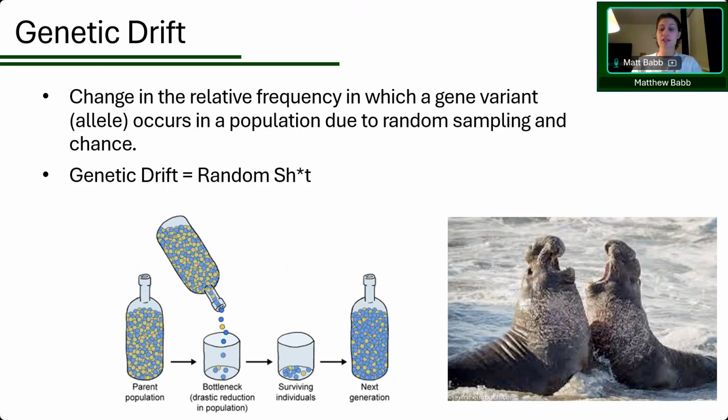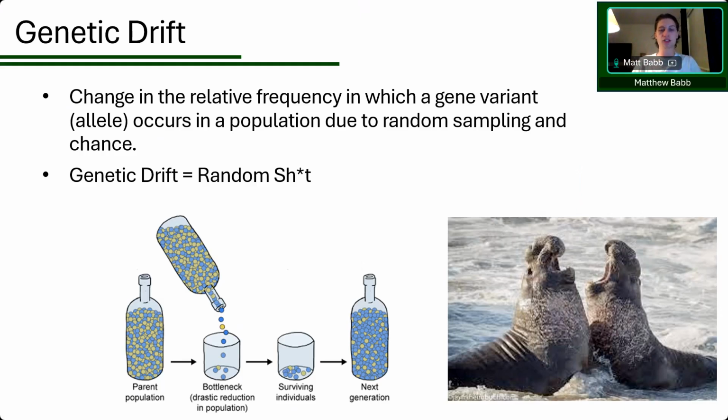Their population has since rebounded to over 30,000, but their genes still carry the marks of this bottleneck. They have much less genetic variation than a population of southern elephant seals that was not hunted as intensely as the northern elephant seals. And so that is a real life example of what happens when a population experiences this really thinning down of genetic diversity.